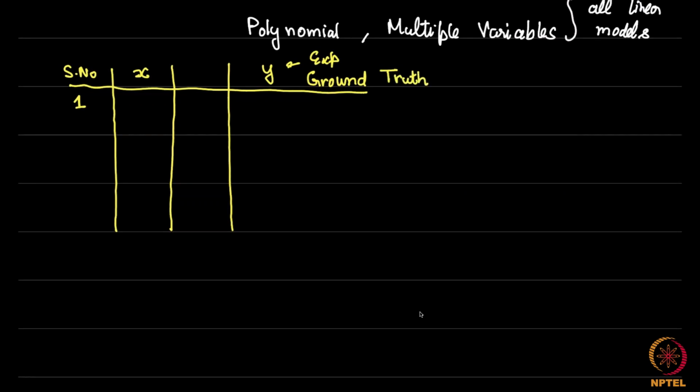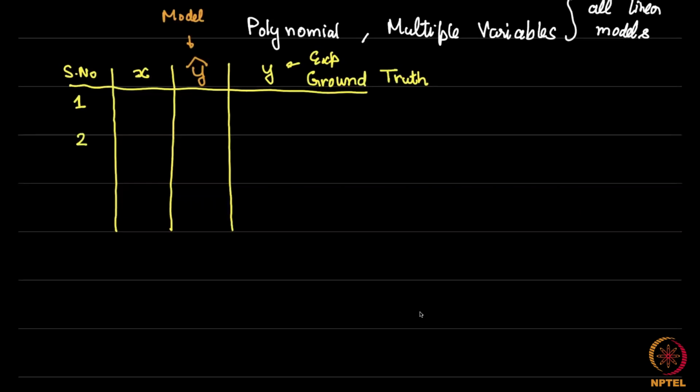Apart from this, we also have y hat, which is the prediction from our model. Typically the input to the inverse problem are this x column and the y column, and y hat is what comes after we guess the parameters of the model w.